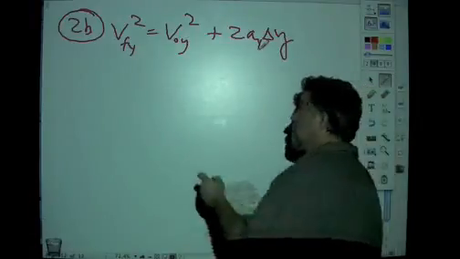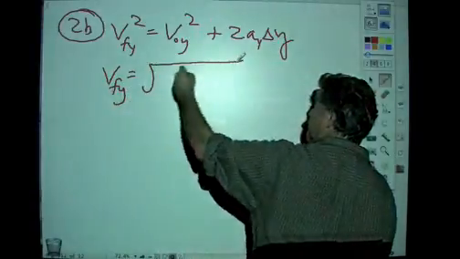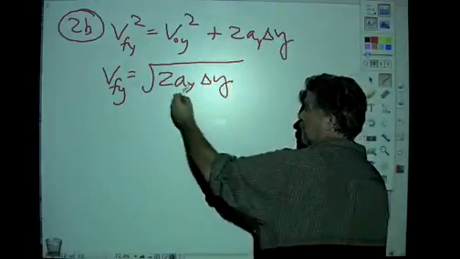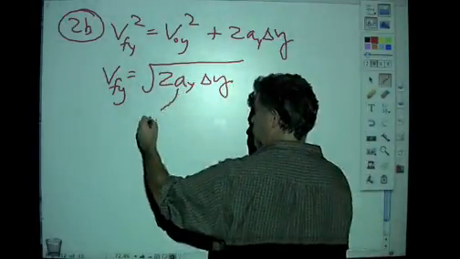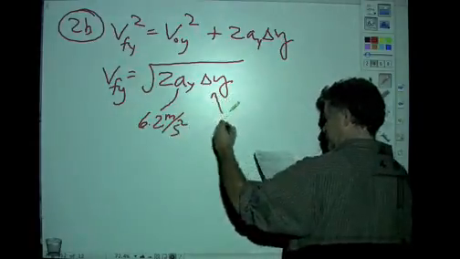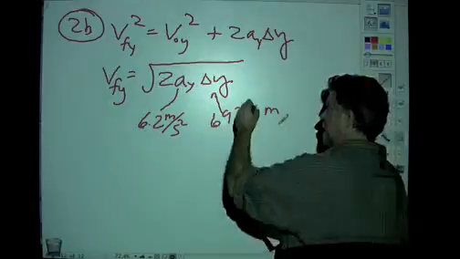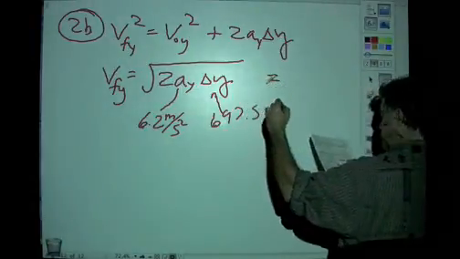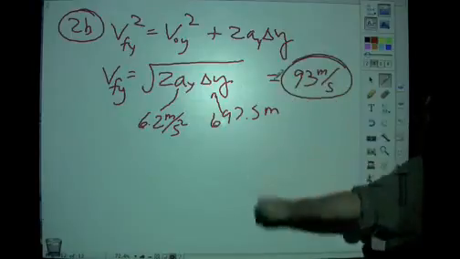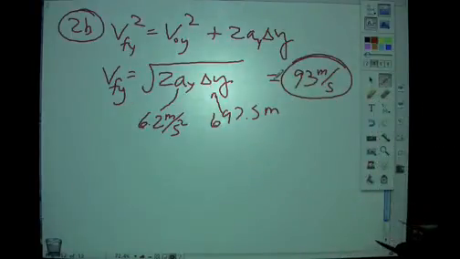And in symbols, V final equals the square root of 2A delta Y. So I'm going to plug in my 6.2 for that, and my 697.5 meters. And I'll get 93 meters per second. So once it reaches that height, it's going at 93 meters a second, very fast.